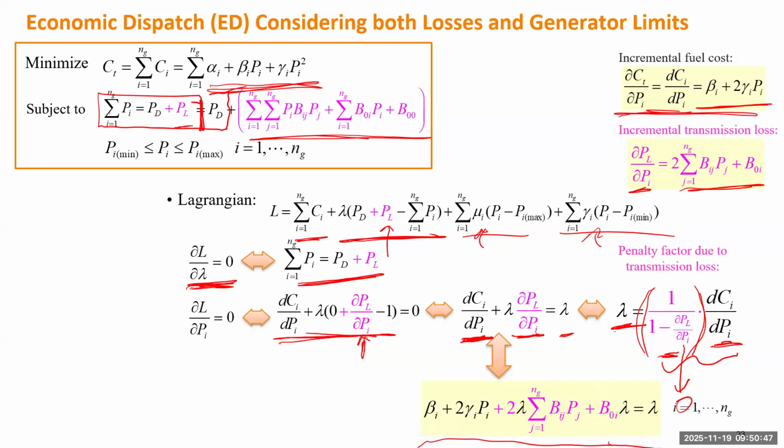The approach is still the same. If you're able to solve this equation, that tells you lambda and also the PI. You just need to list such equations for all generators, from P1 to Pn, together with lambda. You have n plus 1 variables to calculate. If you have any approach, you can solve such equations. That will be the final answer. But definitely, you also need to check the limit of the generators.